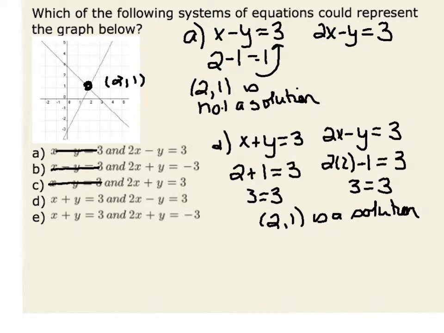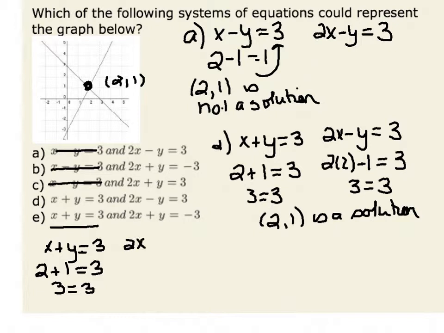Let's just verify that 2, 1 is not a solution to the system of linear equations represented in E. In E, I have the equation x plus y is equal to 3. I've already verified that 2, 1 is indeed a point on that line. It satisfies the equation: when x is equal to 2 and y is equal to 1, I get the true statement 3 is equal to 3.